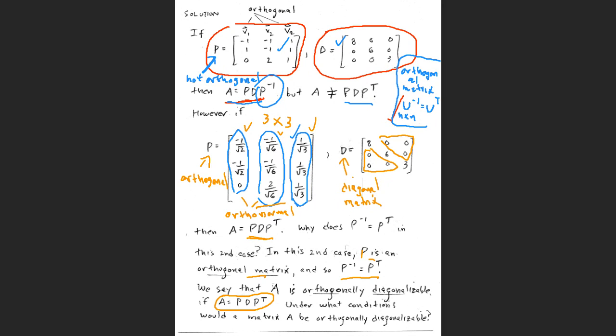Under what conditions would matrix A be orthogonally diagonalizable? The answer is when A is a symmetric matrix. And that is theorem 2, actually, in the book.